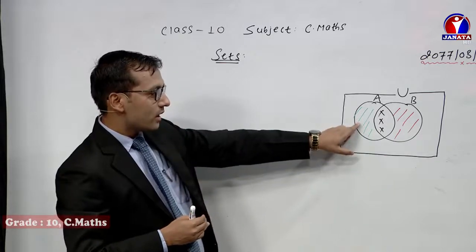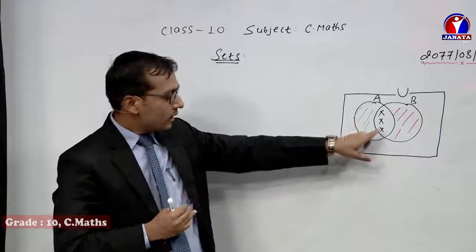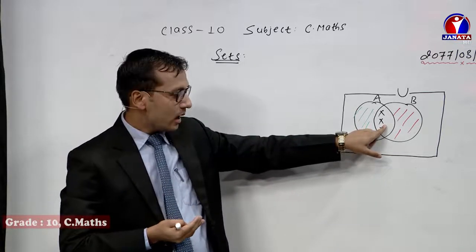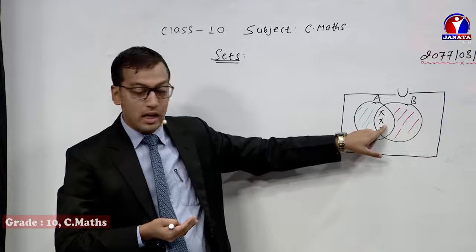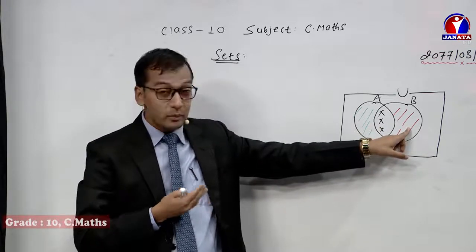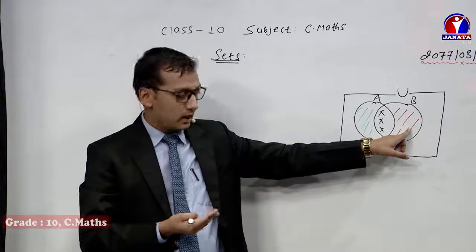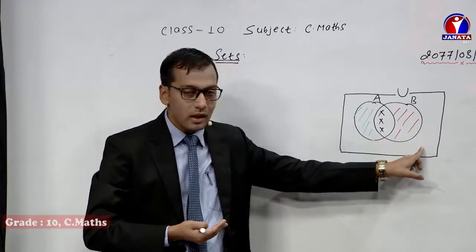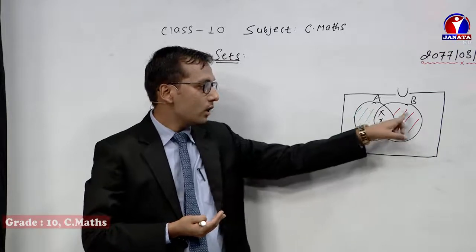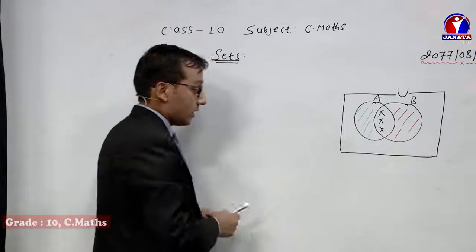First is, this is only A. This region belongs to only A. This is the common region of set A and B and is called the intersection of set A and B. Third one, which is red color, is only B. This region belongs to only set B. And the last one is the complement. This region does not belong to either A or B. So this is called the complement of set A union B.